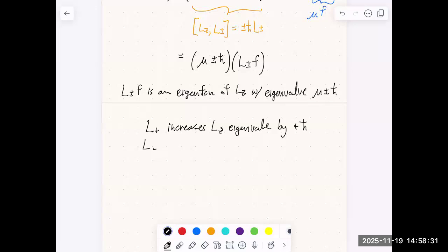L minus decreases the Lz eigenvalue by H bar.